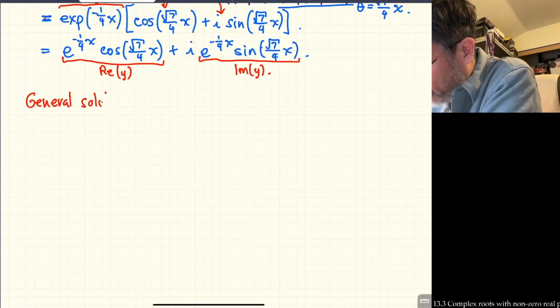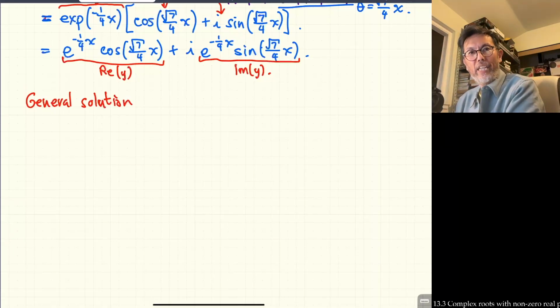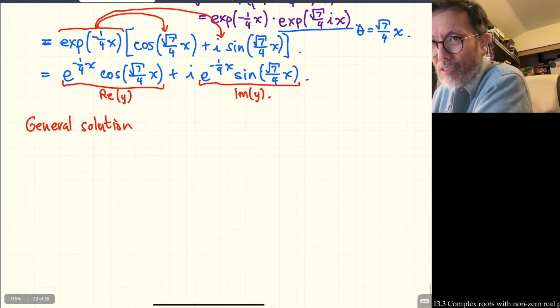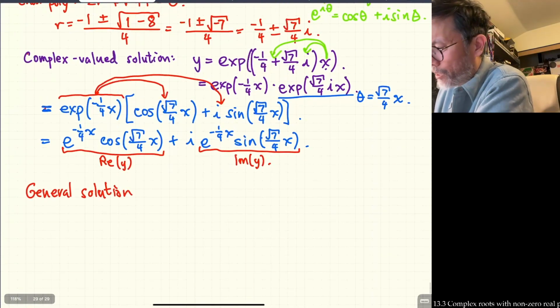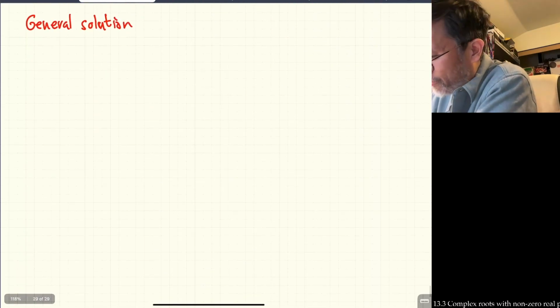The general solution is simply a superposition of these two bits. I'm just going to reuse the letter y.